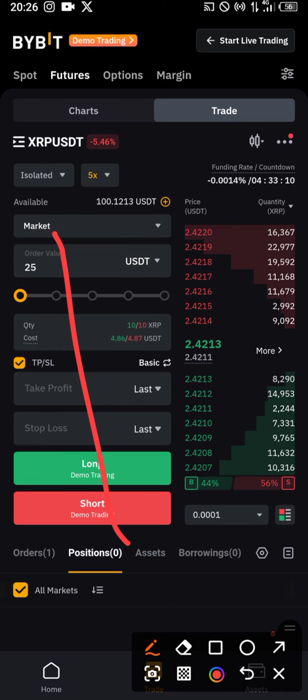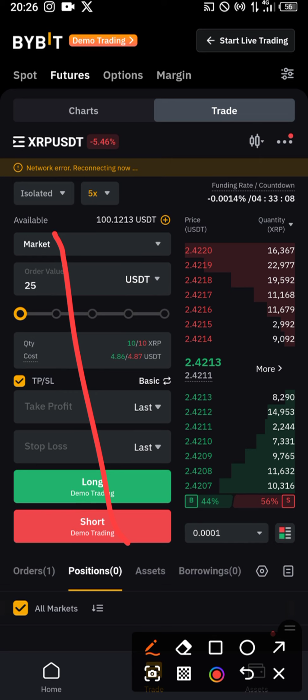So maker fee: when you place a limit order that does not fill immediately and instead adds liquidity to the market, you are a maker. You understand?